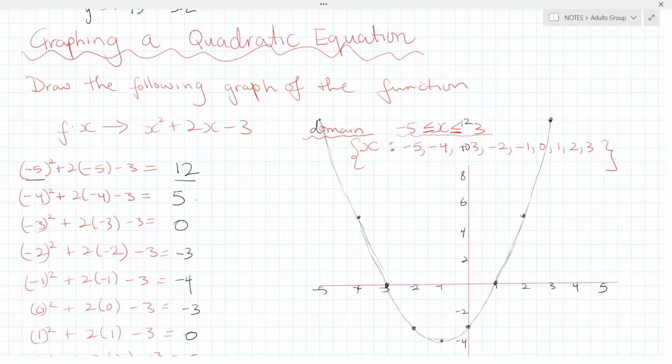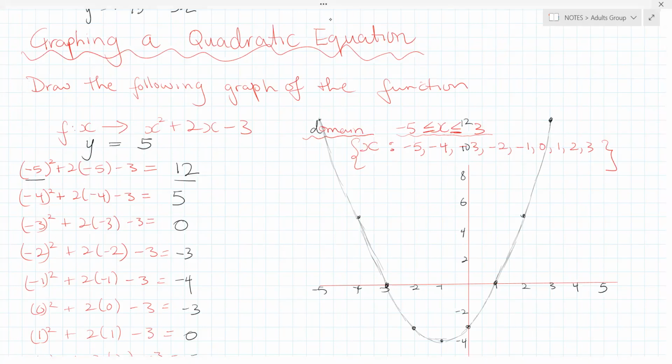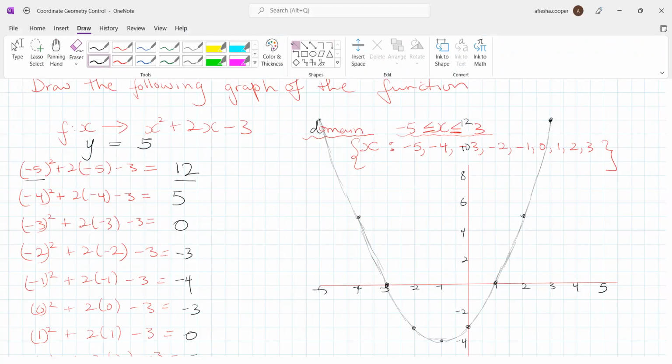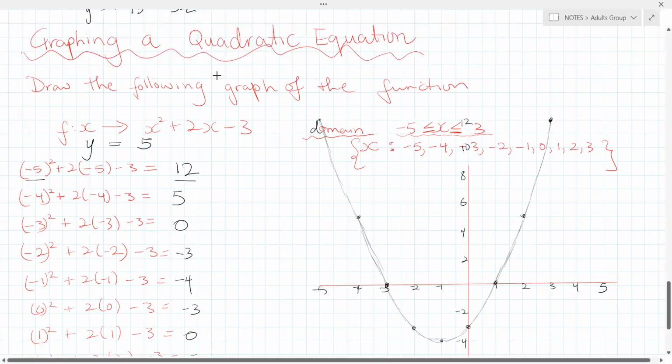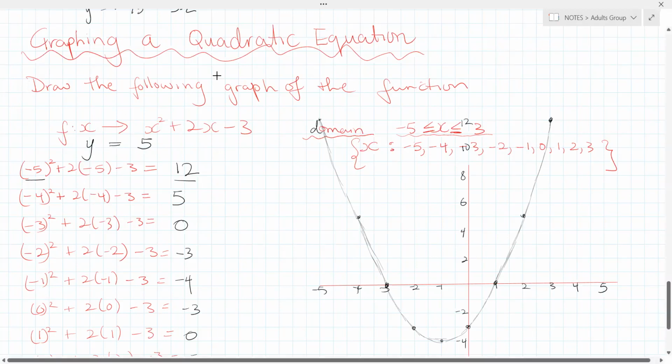So if I add in another one, y is equal to 5, where would that line go? Between the 6 and 4 points in the y-axis.